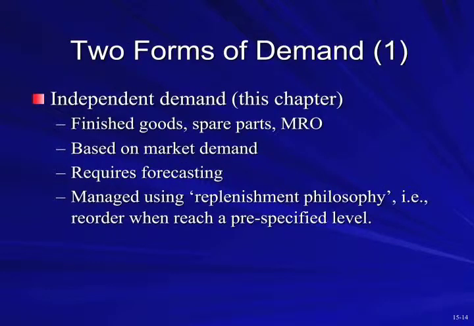Okay, we talked about dependent and independent demand. This chapter focuses on independent demand, and it really looks at the market demand and what's being forecasted. The philosophy here is you replenish inventory based on your forecasts when you reach a certain specified level so that you don't run out.